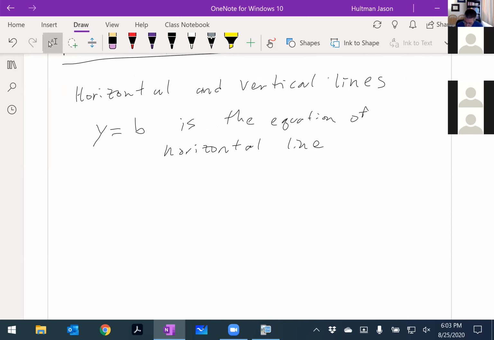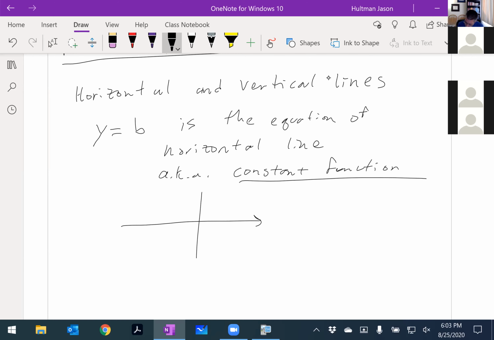It's also called a constant function. And so what does this look like?